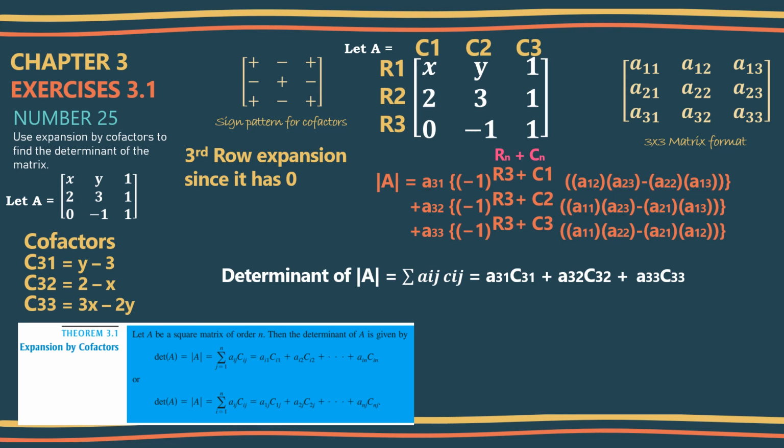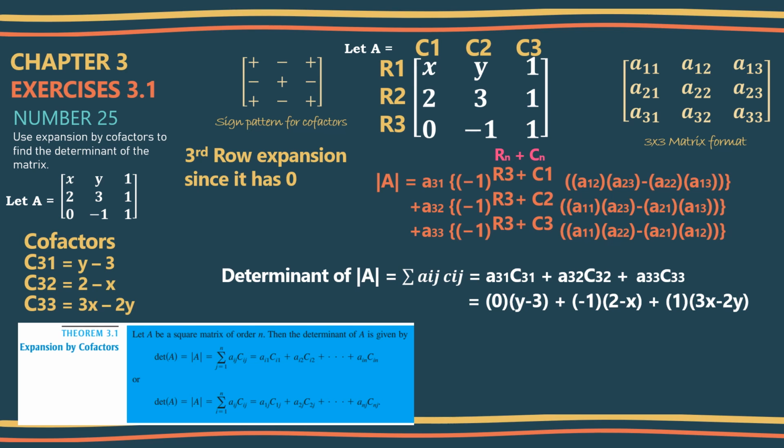First, we multiply each element that we use in expansion. We have the row 3 times each cofactor that we got and then add all the products.